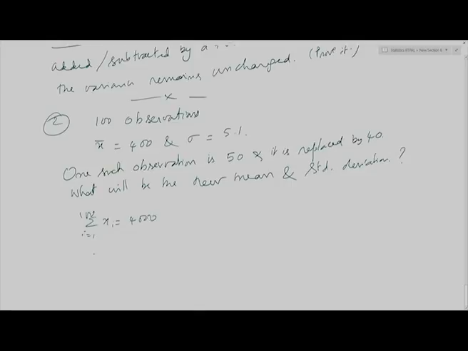Since one term, 50, is replaced by 40, the new sum will be 3990. Sorry, x bar in this problem is 40, not 400.